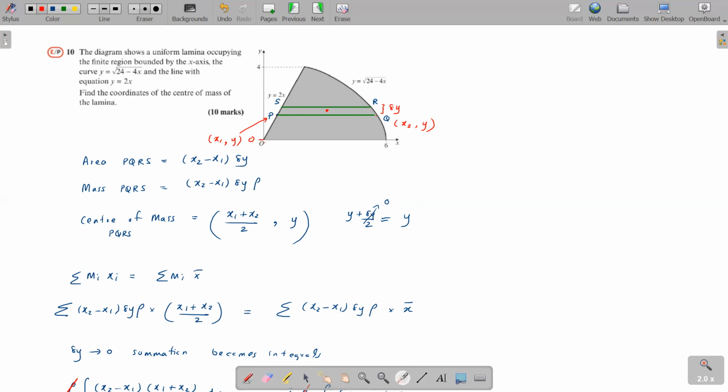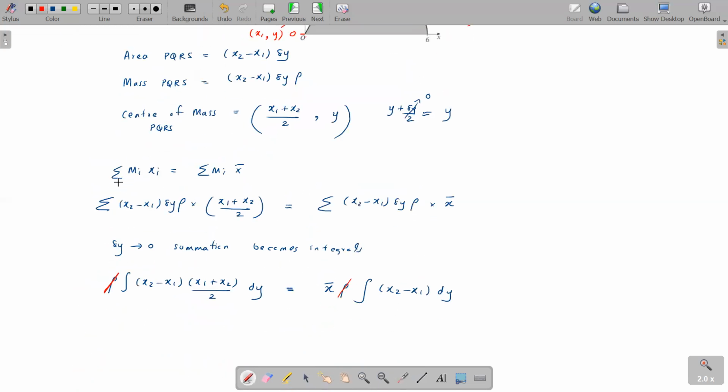Actually, we don't need to find it, they have given it as 4. Can you see? It's given as 4 here. If this was not given, I would have to solve these two equations simultaneously and actually find the y value. Since it's given to me here, I really don't need to find it. So my y limits are 0 to 4. That's what goes here, because in this case we are doing this with respect to y.